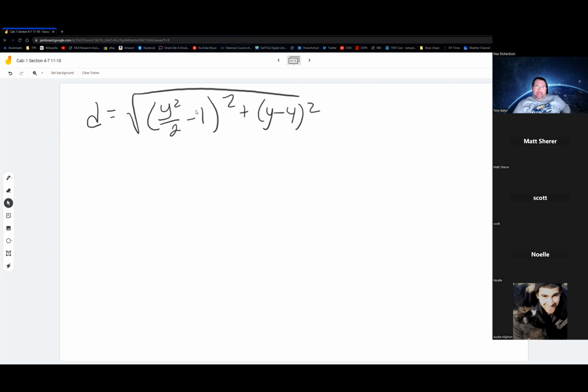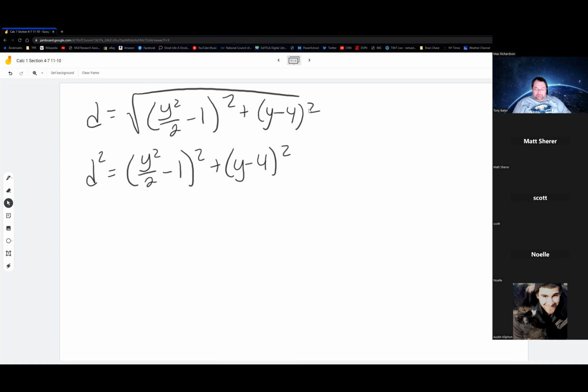Because if this number inside here is the smallest, then the square root's going to be the smallest. Does that make sense? Because in essence, what I'm going to do is minimize the squared instead of the original problem, just because this way I don't have to deal with the square root when I'm doing my derivatives, and I don't have to do multiple chain rules inside of each other.